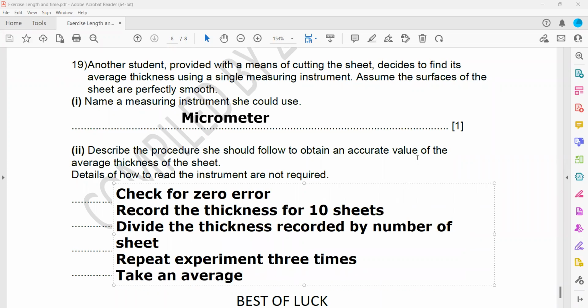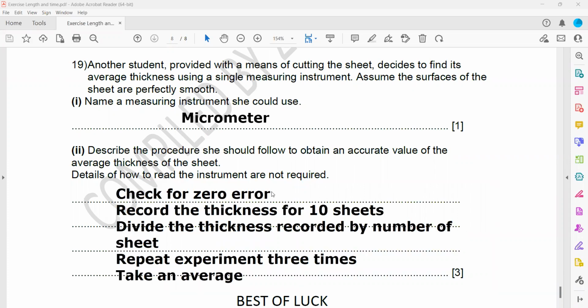So repeating the experiment and mentioning how many times. What is the meaning of checking for zero error? When nothing is placed between the jaws of the micrometer screw gauge, this is the main scale and this one is the circular scale. The main scale and circular scale should coincide with each other; their zeros should be in line.